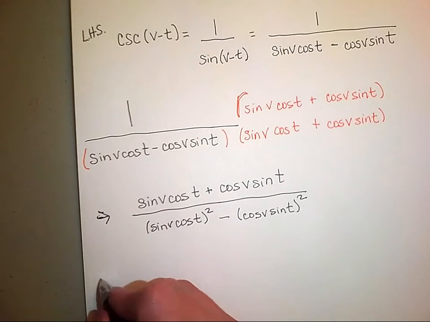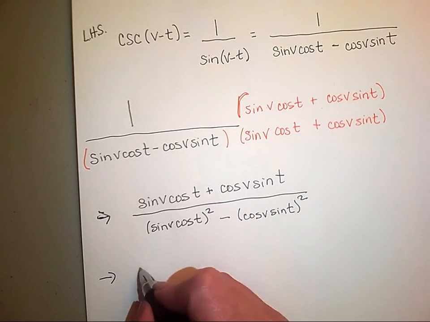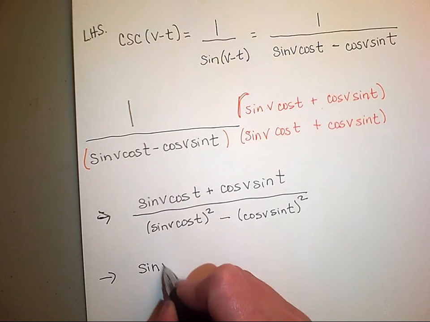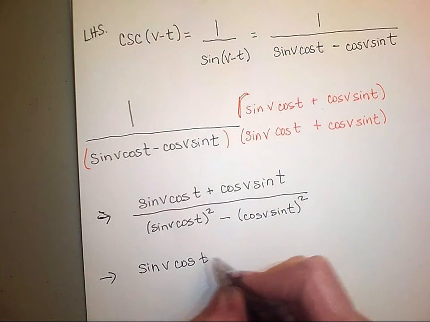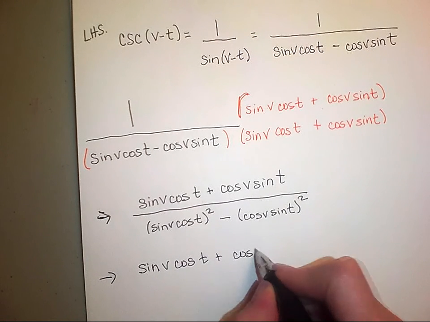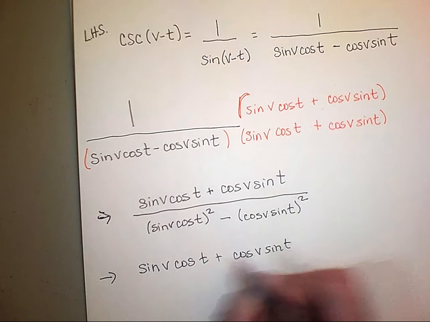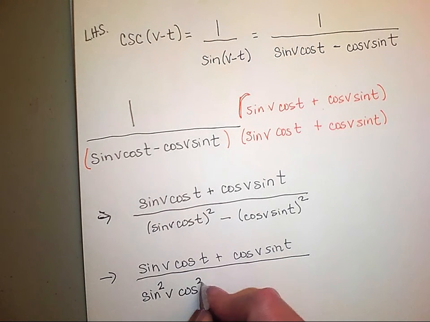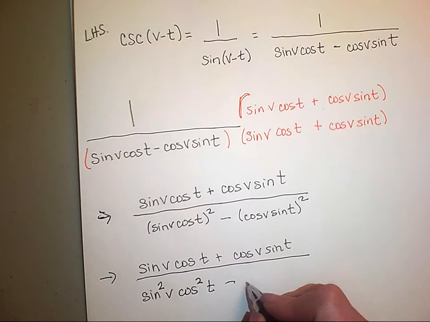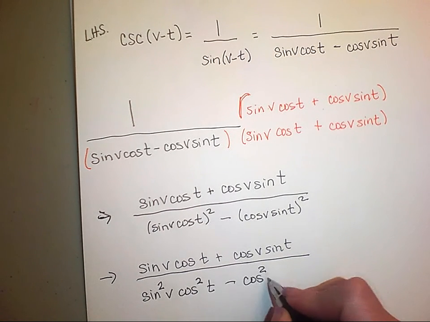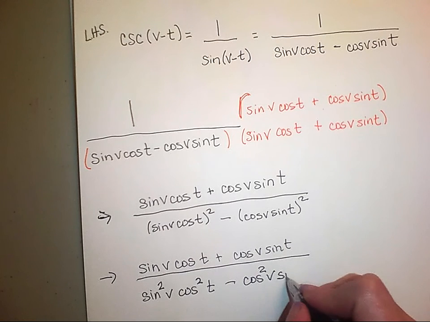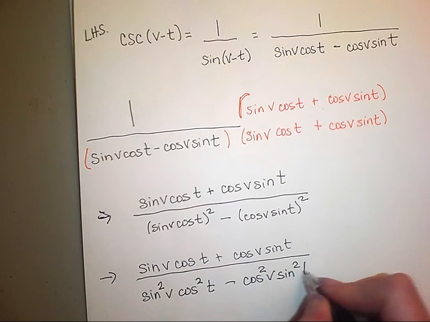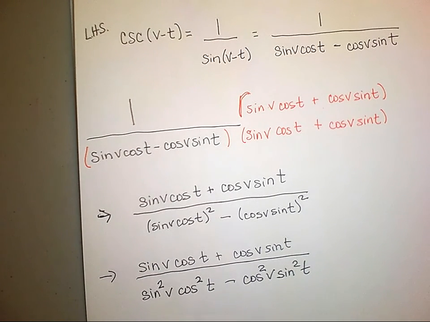So I think what I'm tempted to do is just distribute or apply this power through. So keeping the numerator the same, sine of v cosine t plus cosine v sine of t over, this would become sine squared v cosine squared t minus cosine squared v sine squared t.